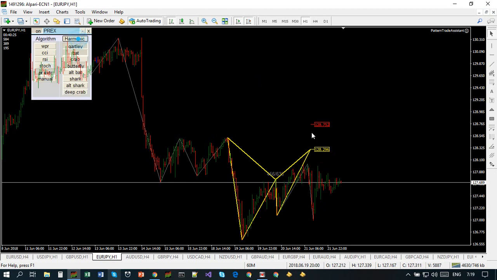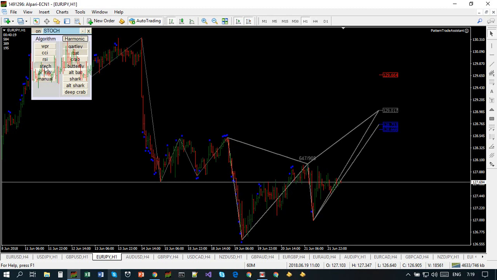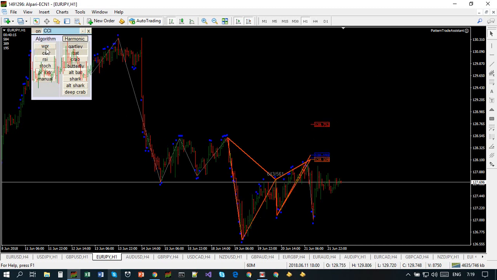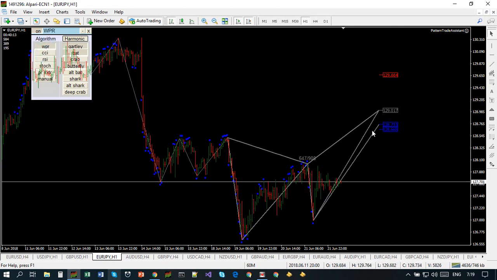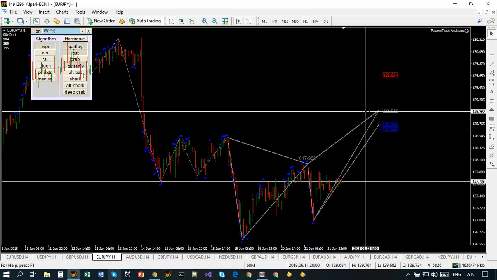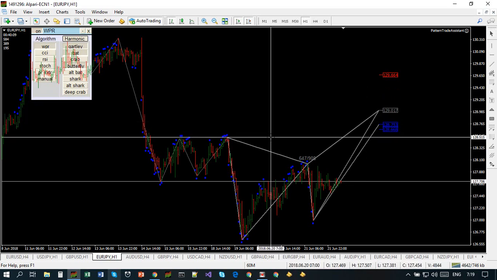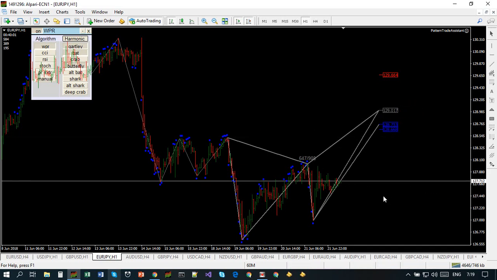Okay, let me switch to harmonic approach, and I bet this pattern will be a butterfly. Yes, we have a butterfly pattern. Also supported by 3 algorithms, but slightly higher. Well, it might happen this way. It breaks the structure of this, giving us a false breakout, and then it reverses.